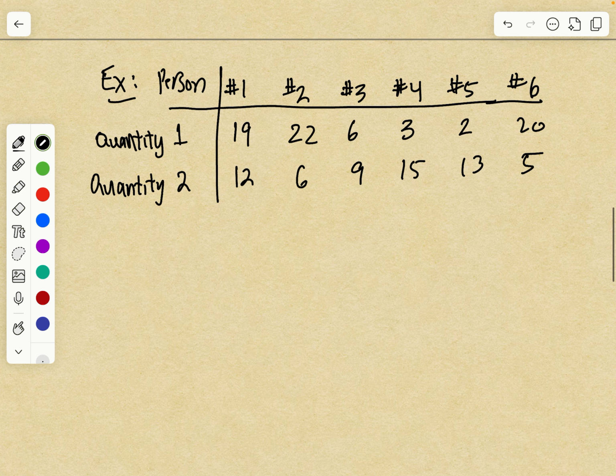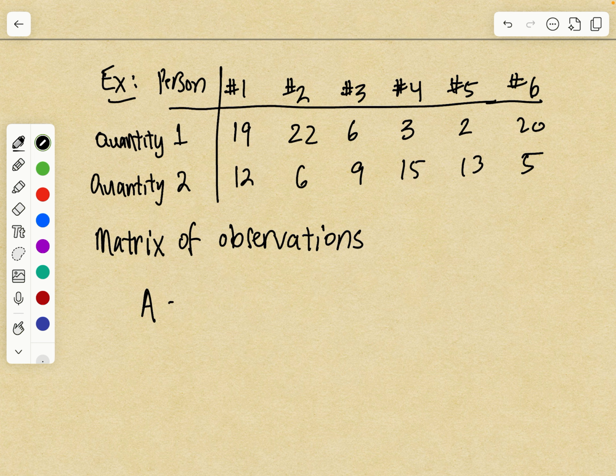And what we're trying to get a sense of is the variation, or the variance, in the data. So this is like an observation matrix, a matrix of observations, which is A, which is like this.